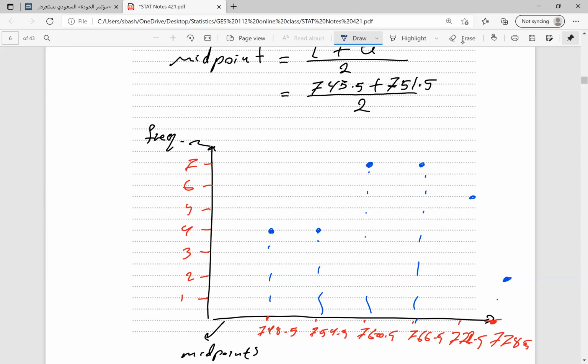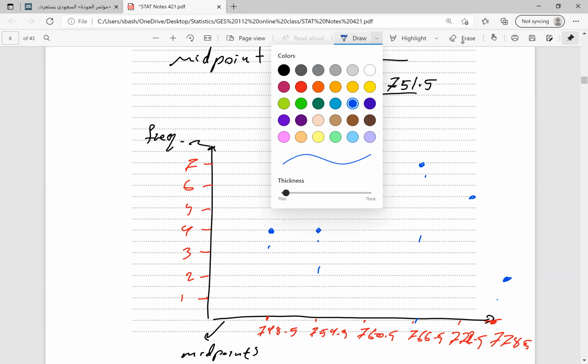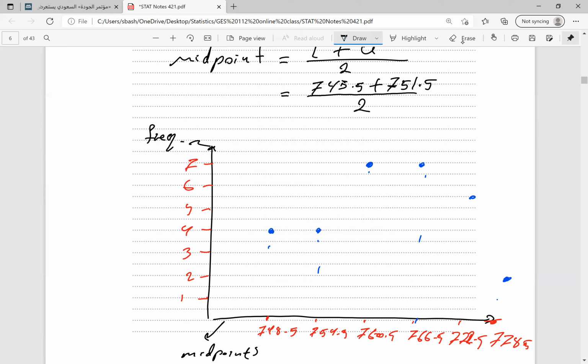Now we need to connect these points using just lines or line segments. Just connect between these points. The first one, second one, third one. So it is polygon.